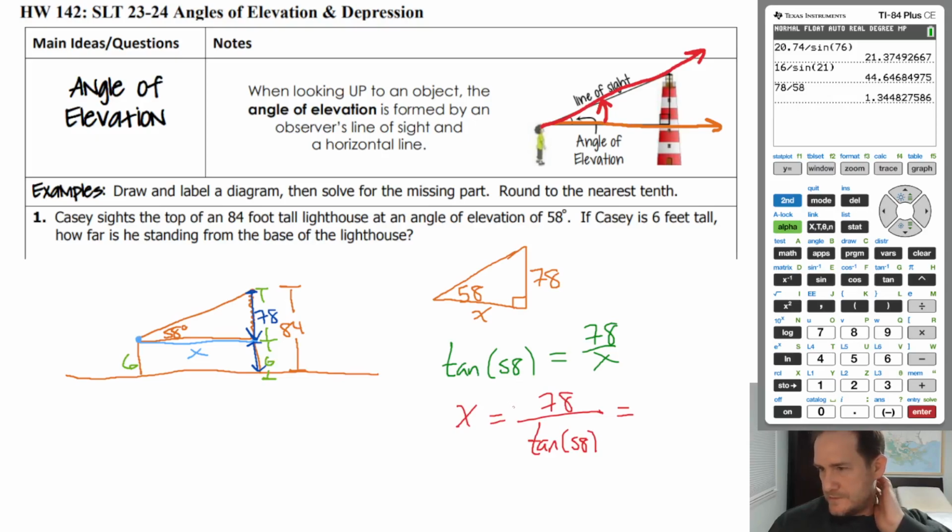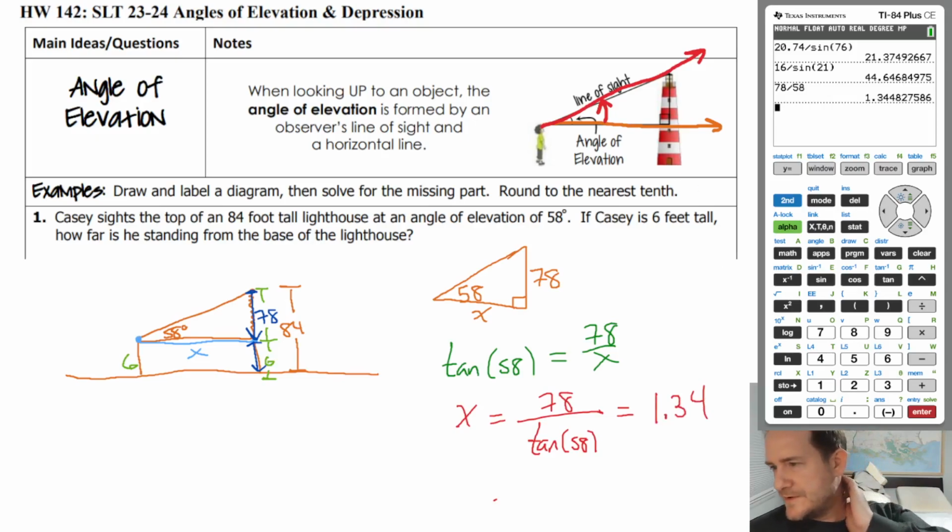Is that real? Doesn't feel right. No, not at all right. I forgot the tangent. Okay, so 78 divided by tangent 58.